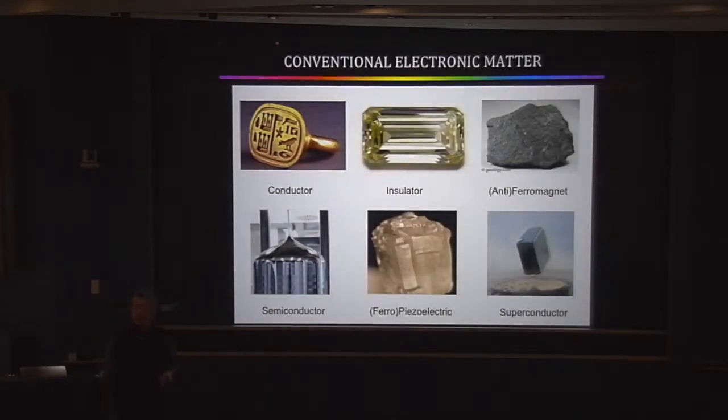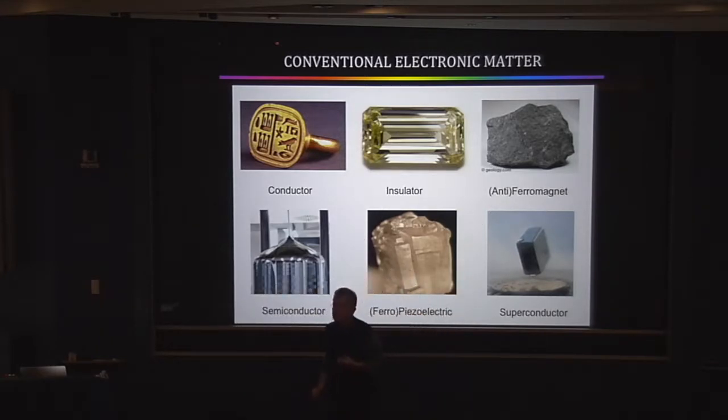All right, so here's some conventional electronic matter. Conductor, that's gold. That's Shoshank, the first signet ring. He's the guy who invaded Jerusalem about 3,000 years ago. So we've used metal for around 7,000 years in our technology basis. Here's an insulator. Here's a ferromagnet.